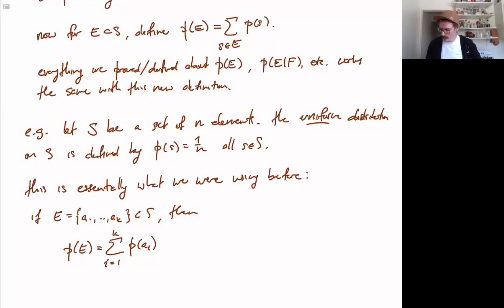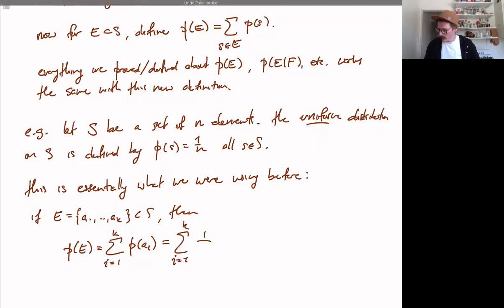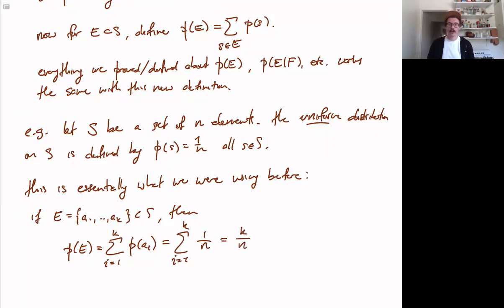And now, well, what is this probability? Since we're using a uniform distribution, we have it here, it's just 1 over n. So it's the sum i equals 1 to k of 1 over n. And this is just k over n, because we have k terms, which are all 1 over n.